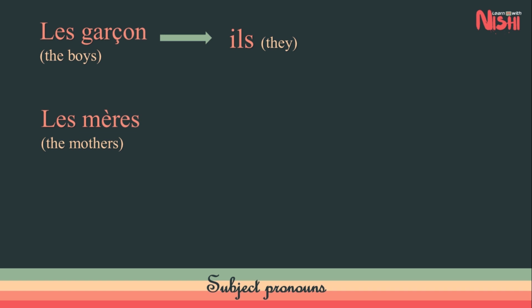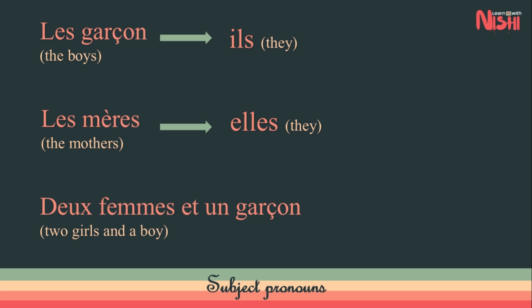Ils or elles, what should we use? As the mothers are plural and feminine, we will replace them by elles. Les mères, elles. Deux femmes et un garçon, two girls and a boy. As there are both girls and a boy, we will replace them by ils, they.